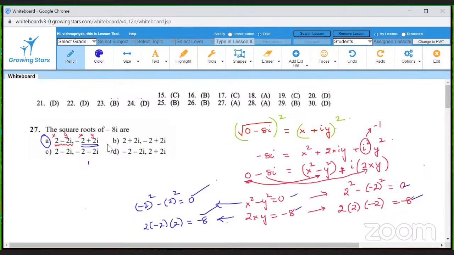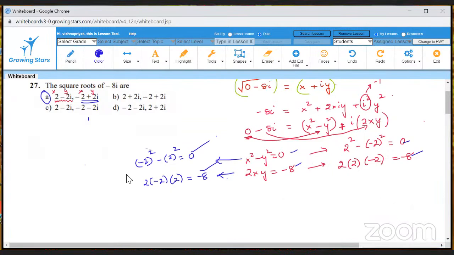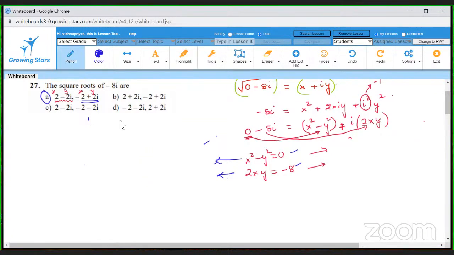Option A. Like that, you can check for B, C, D. If B, C, D also come true, then you have to proceed further. See, suppose if I put B, let us see what I will get. Option B, I will show you. x is 2, y is 2.